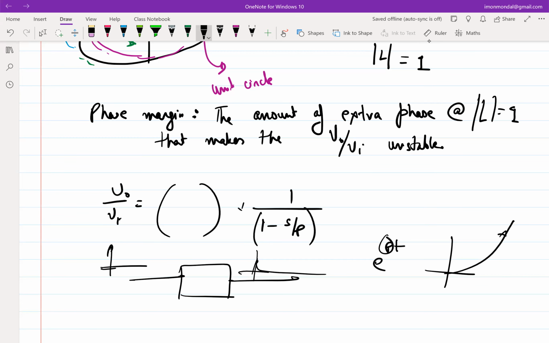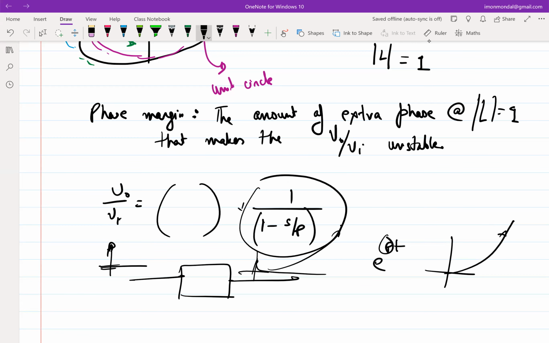If you give an impulse and the output goes to infinity, your system is unstable. This means something like this is there in the transfer function, which means the pole is on the right half plane.